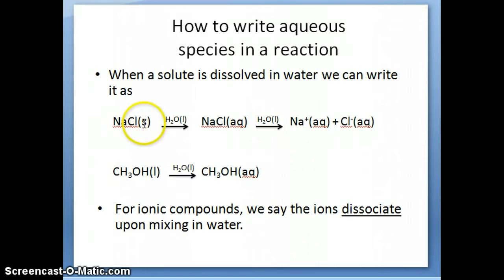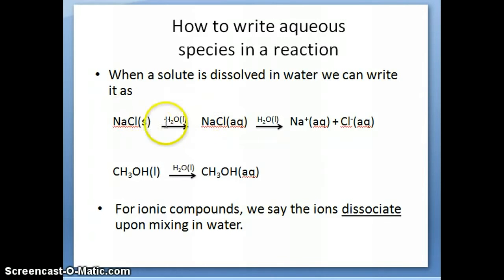So we'll start with NaCl solid, and then we put an arrow and then water liquid on top of it, which just means that we're putting the sodium chloride into water. Water is present in a huge amount. There's no real chemical reaction that occurs here per se. You can call it a dissolution reaction, but it's not a chemical reaction the way that we think about it.